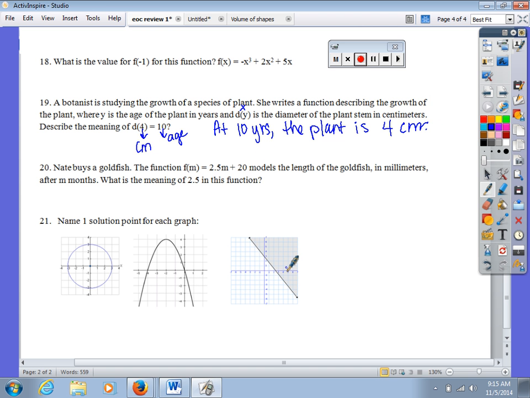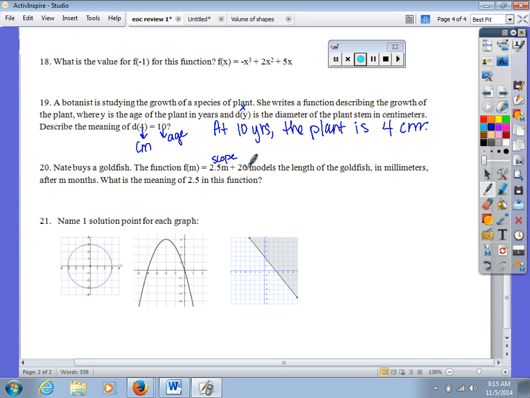Okay, number 20. Nate buys a goldfish. The function f of m equals 2.5m plus 20 models the length of the goldfish in millimeters after m months. What is the meaning of 2.5 in this function? 2.5 is your slope. This is your initial value, 20.